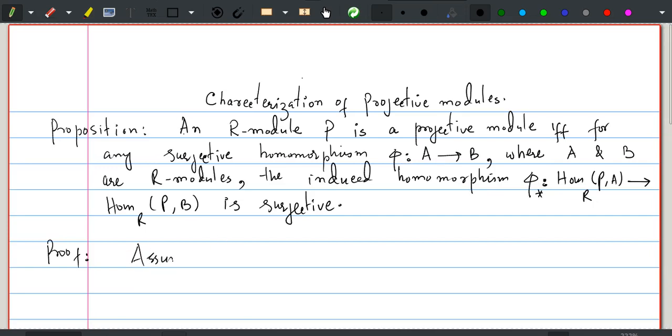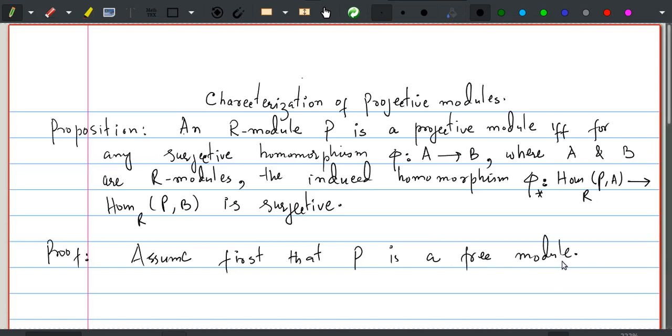So assume first that P is a free module. Let us consider this basis.